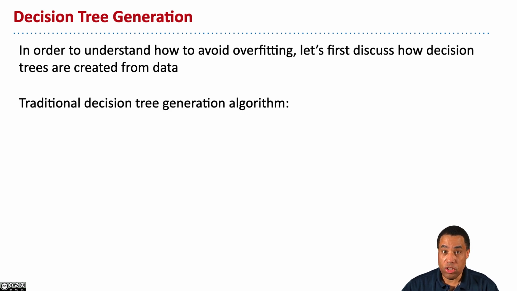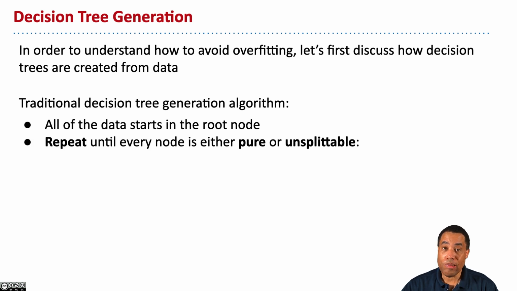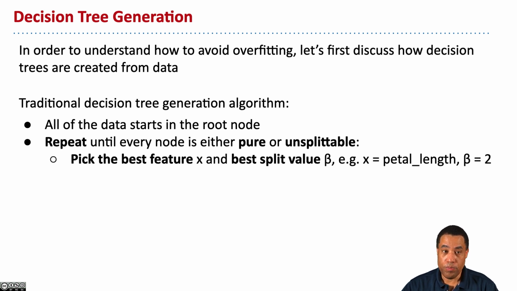So this is going to be just a traditional decision tree generation algorithm. We're going to start with all of the data in the root node. And then we're going to repeat the process until either every node is pure or it's unsplittable. And I'll define what that means in just a moment. So we're going to pick the best feature, x, and then we're going to pick the best split value, beta.